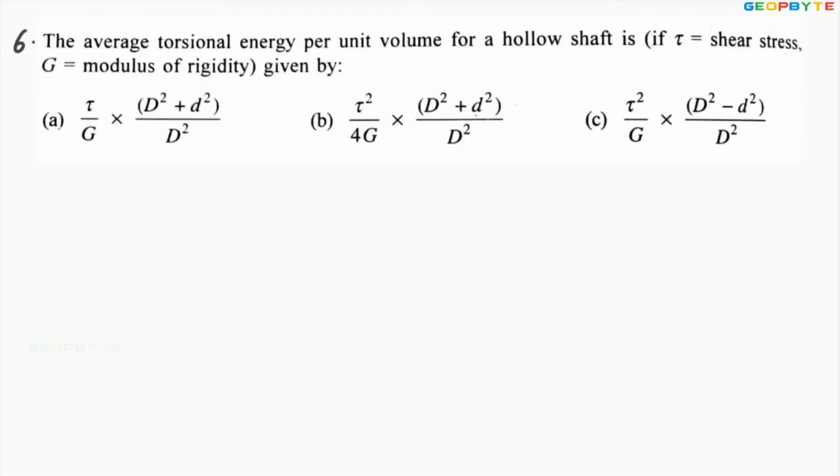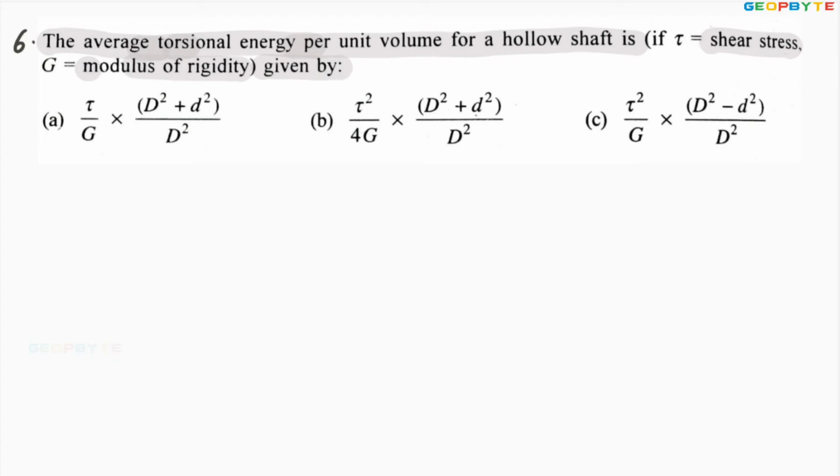Look at the sixth problem. The average torsional energy per unit volume for hollow shaft is, tau equal shear stress, G equal to modulus of rigidity, given by.